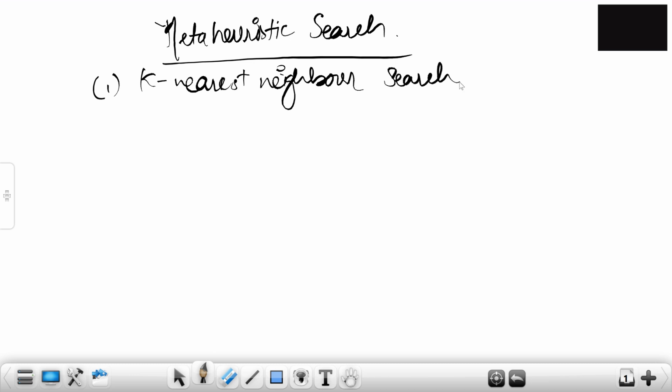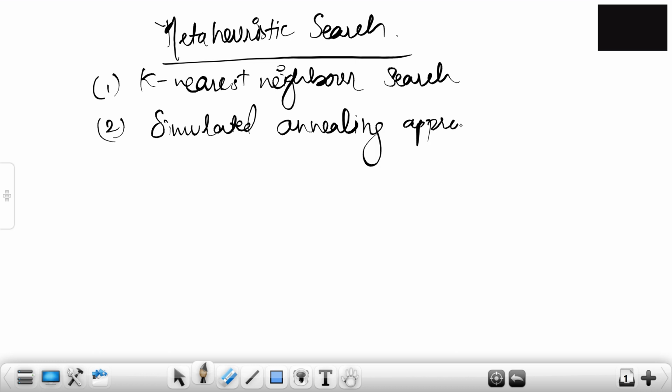The second is going to be the simulated annealing approach. These are the two things that we are going to see.